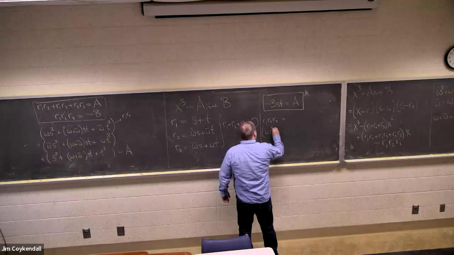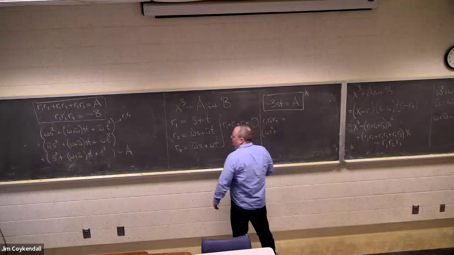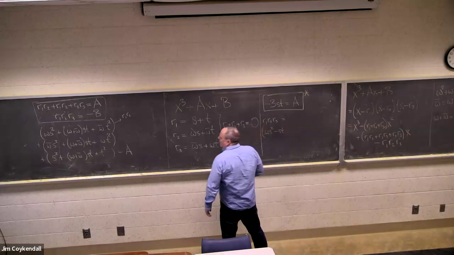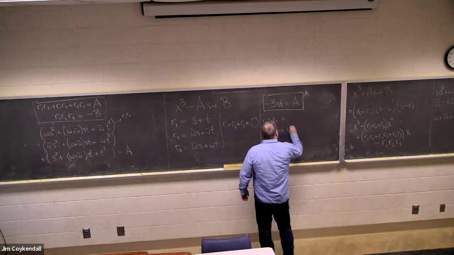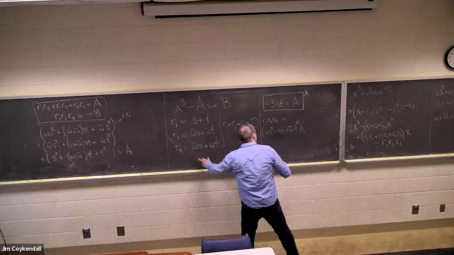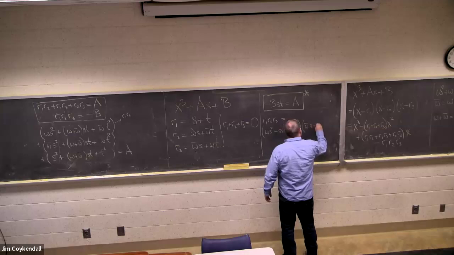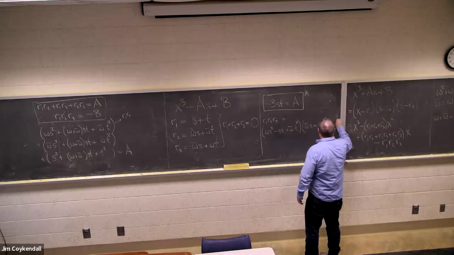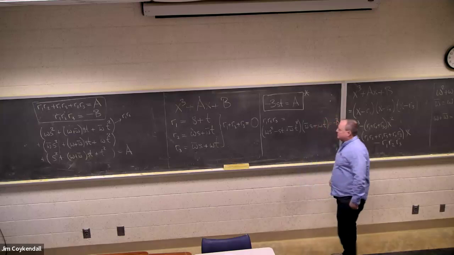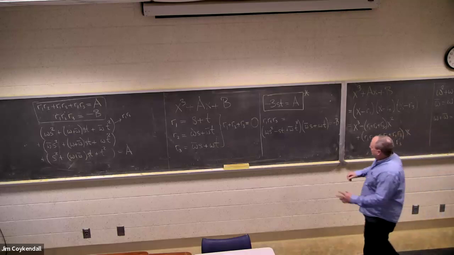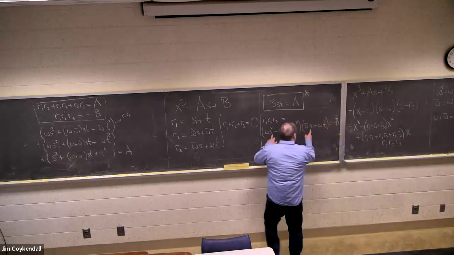This is omega S squared, and I might as well write minus ST plus omega bar T squared times omega bar S plus omega T. And this should be minus B. Okay with that? So let's multiply this out and see what we get.